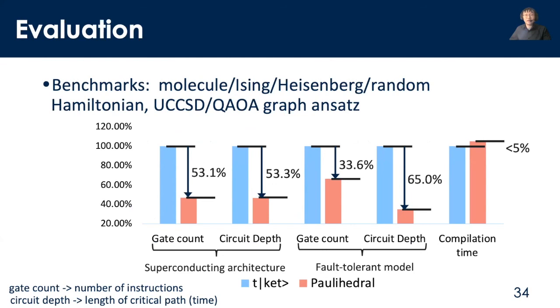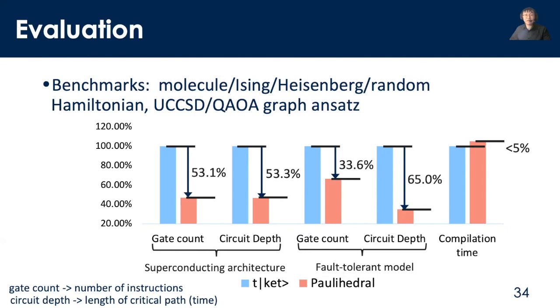To evaluate Paulihedral, we select a wide range of Hamiltonians of real systems like molecules, Ising models, Heisenberg models, and we also generate some random Hamiltonians. And we also include UCCSD ansatz for variational quantum eigensolvers, and also the QAOA graph ansatz.